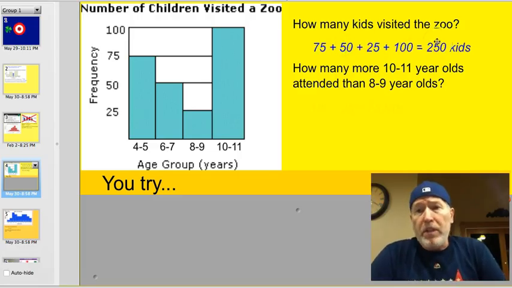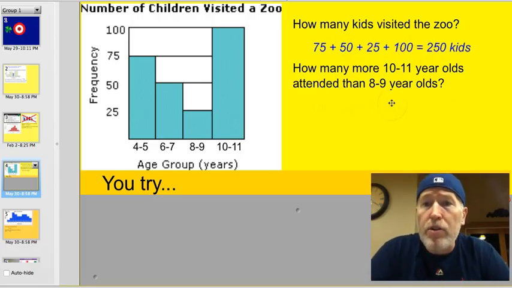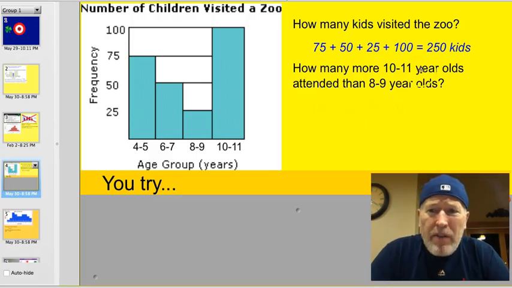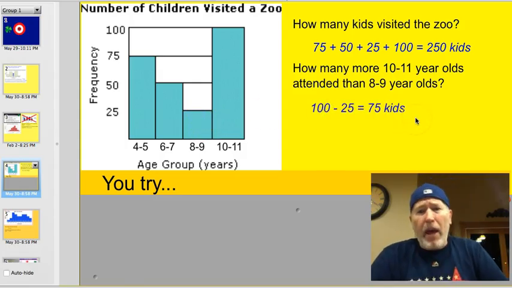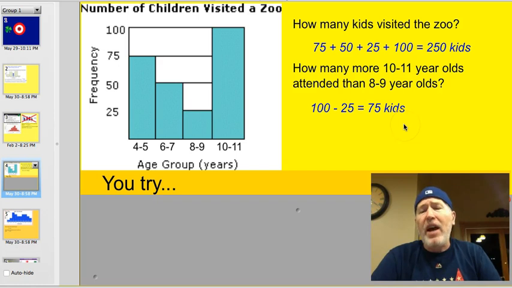So 250 kids. I just put that down there to show you how I added those up. How many more 10 or 11-year-olds attended than 8 and 9-year-olds? The 10 and 11-year-olds, there were 100, and the 8 and 9-year-olds, there was only 25. So 100 minus 25 is 75 kids.